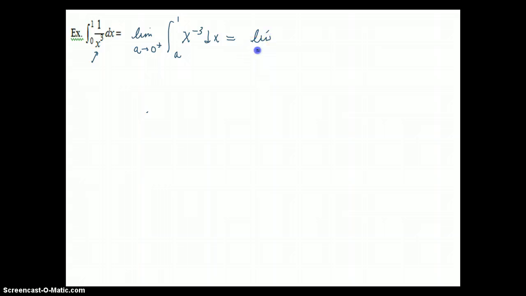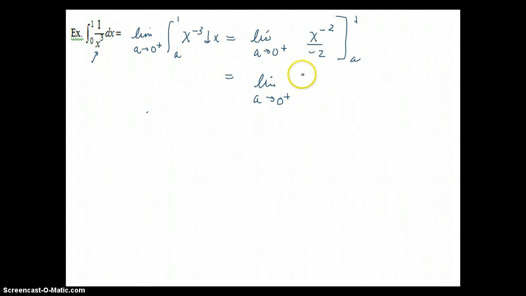And now we have limit as a approaches 0 from the right, and we're going to integrate x to the negative 2 over negative 2 between a and 1. And then if I rearrange this, it might make it easier to think about. So I'm going to evaluate this as negative 1 over 2x squared between a and 1.